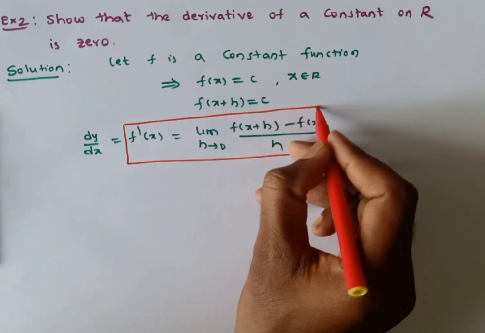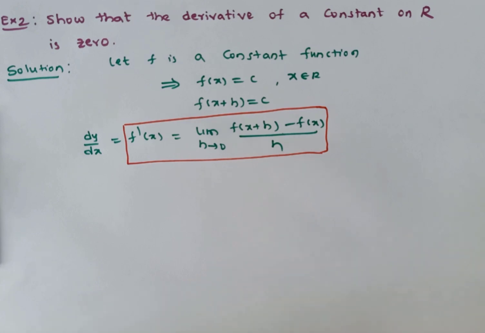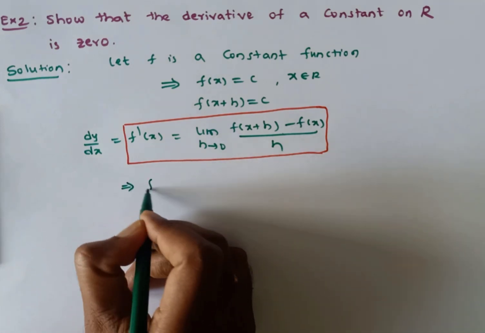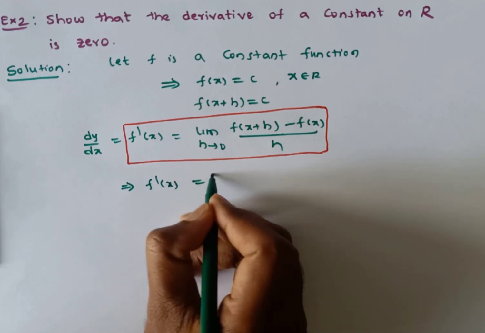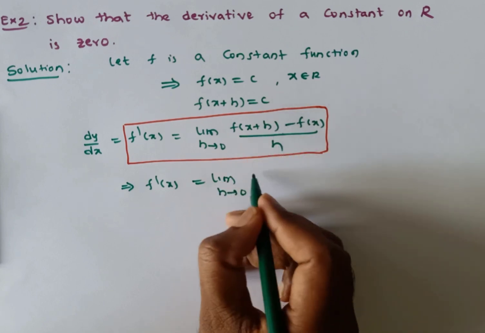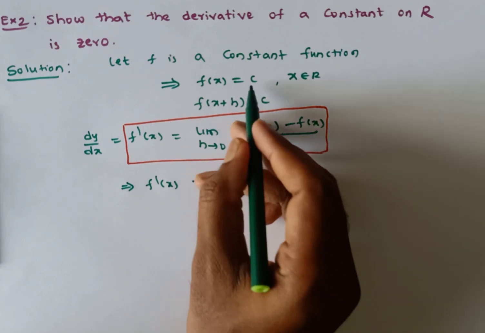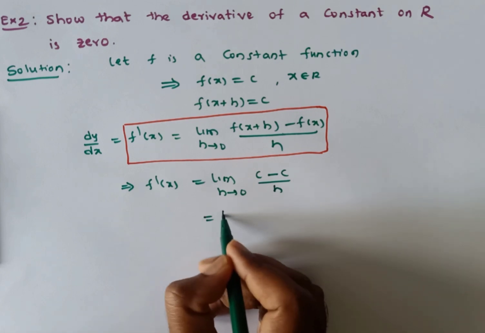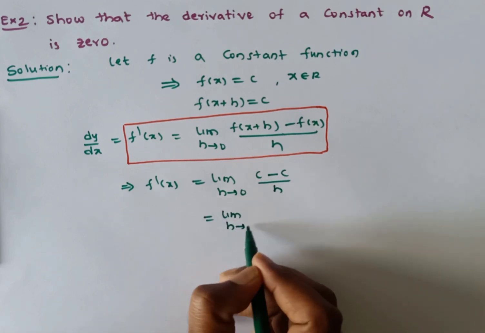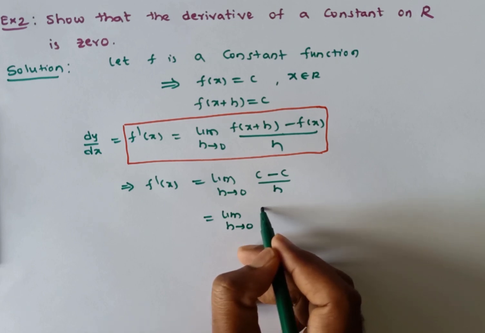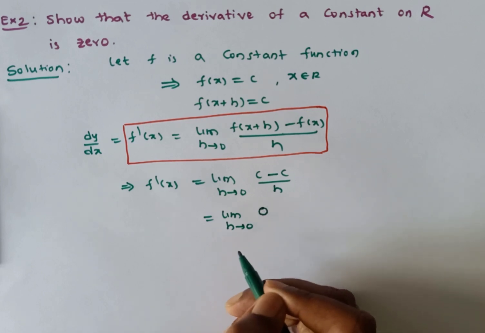Now apply this formula for the given function. That means f dash of x equals limit h tends to 0 of f of x plus h, which is c, minus f of x, which is also c, divided by h. Now c minus c is 0, so 0 by h is 0.